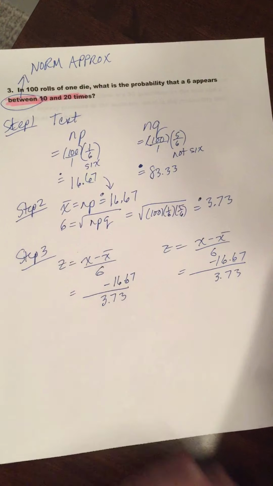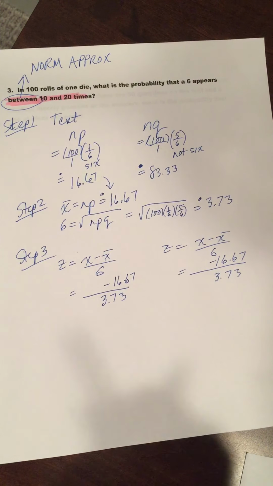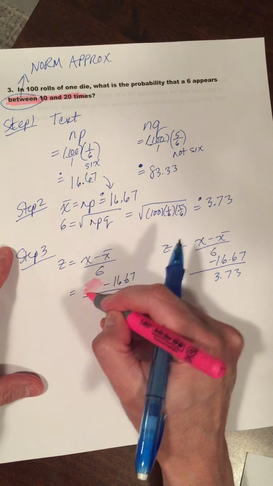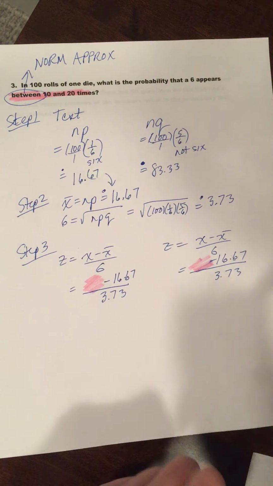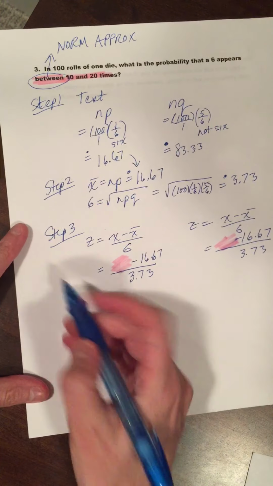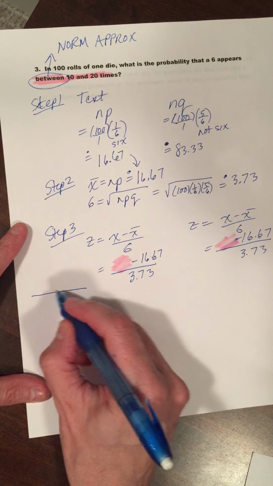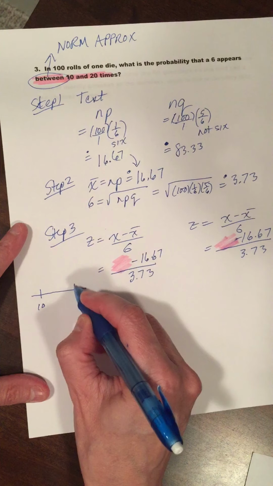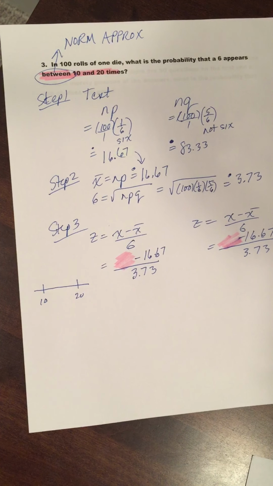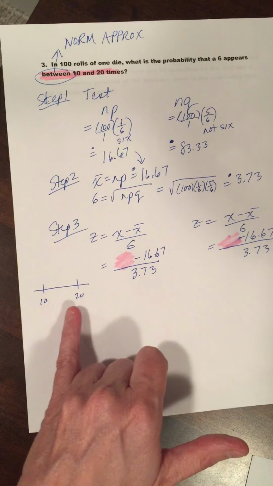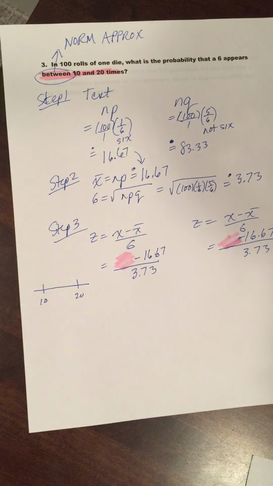and the big issue, where sillies can be made, is what are you going to sub into those hot pink values? And again, this is where I scoot over to the side and draw a number line. Between 10 and 20. I know that I can't use 10 and 20 because they're whole numbers.